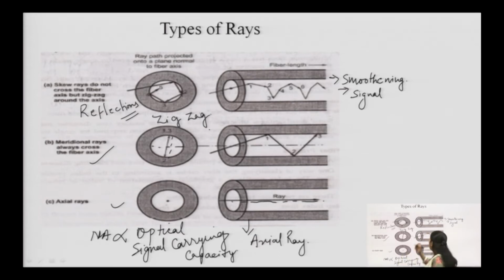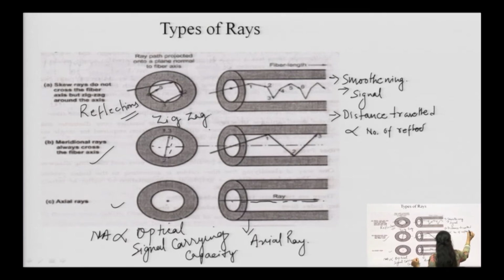Or the third difference between the two: how much distance a skew ray will travel depends on the number of reflections in it. So distance travelled is directly proportional to the number of reflections. Distance travelled, or we can say at what time it comes out of the fiber, both are the same.